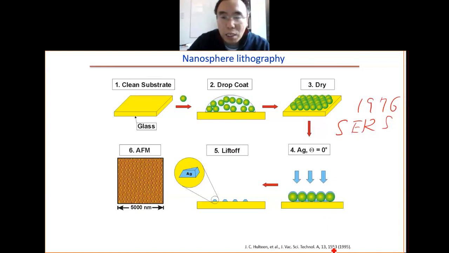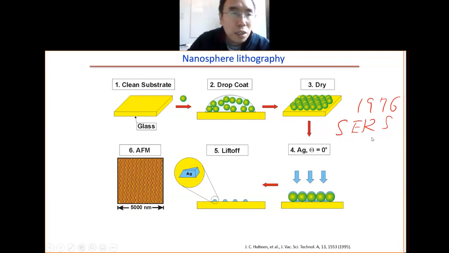Then he used this nanosphere lithography method to make SERS substrates. SERS means surface enhanced Raman scattering.